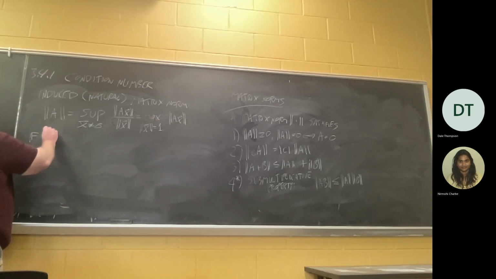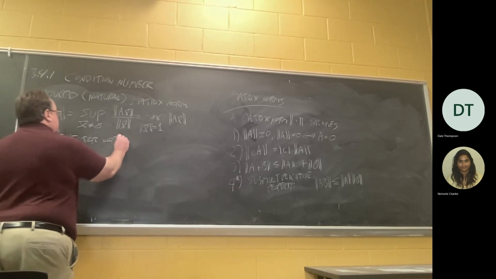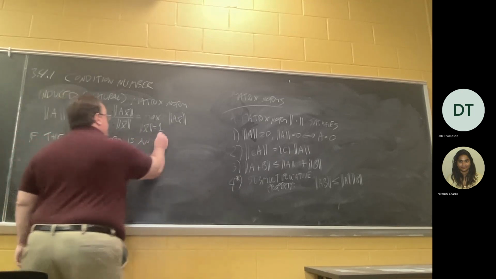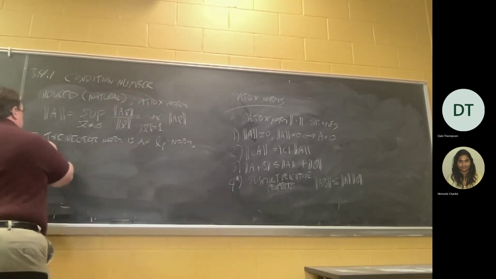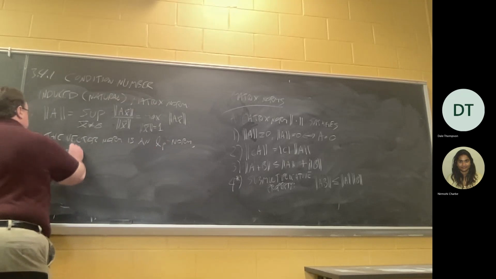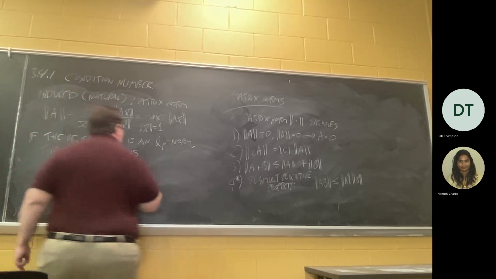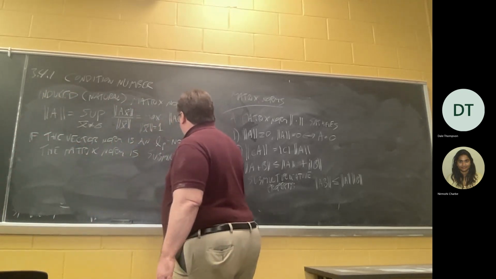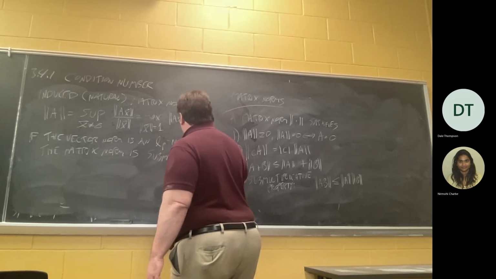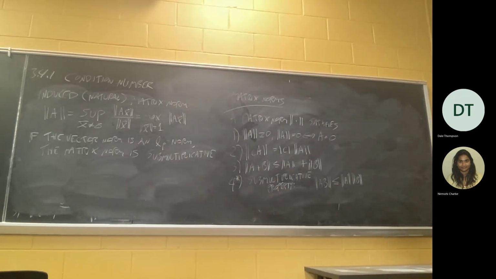So if a vector norm is an LP norm, so any norm from that family, the matrix norm that we get is submultiplicative, which is a lazy way of saying it satisfies the submultiplicative property, that the norm of the product is less than or equal to the product of the norms.